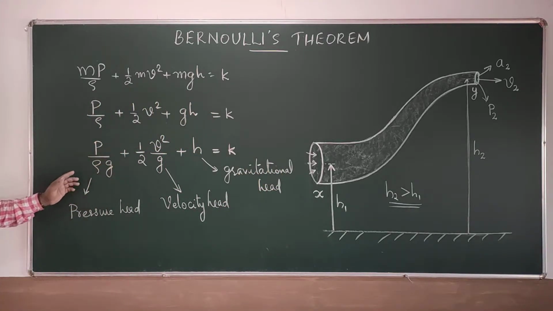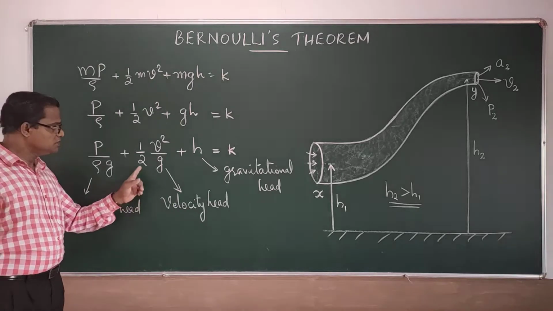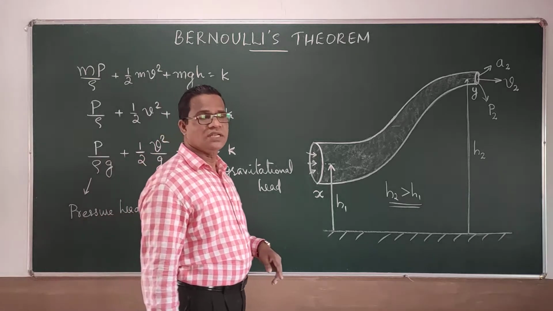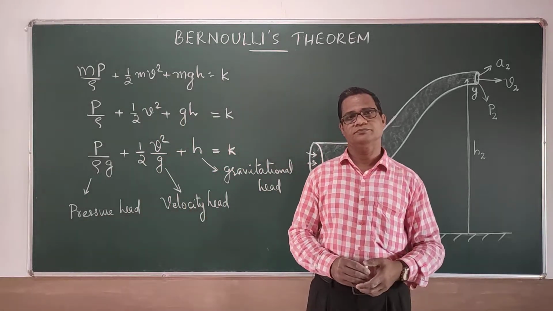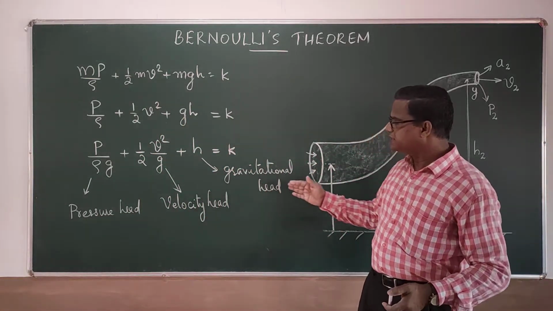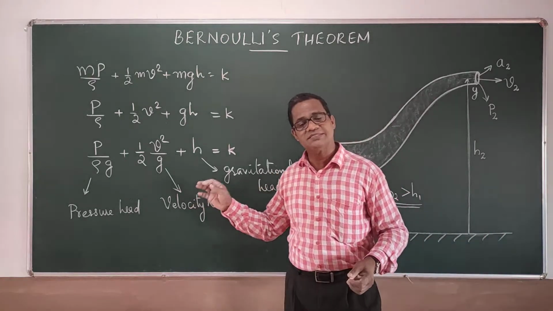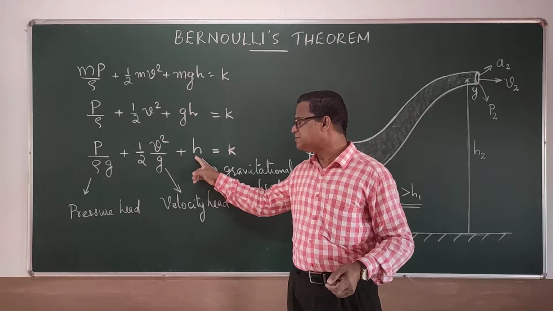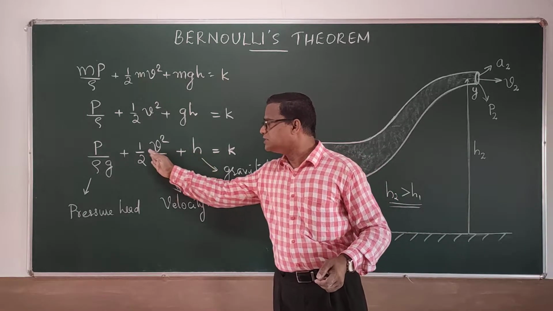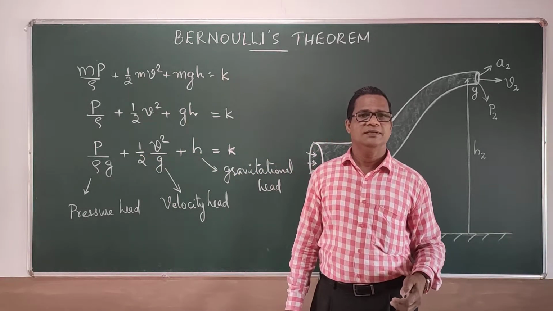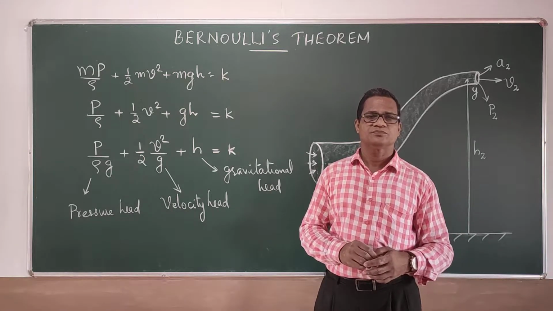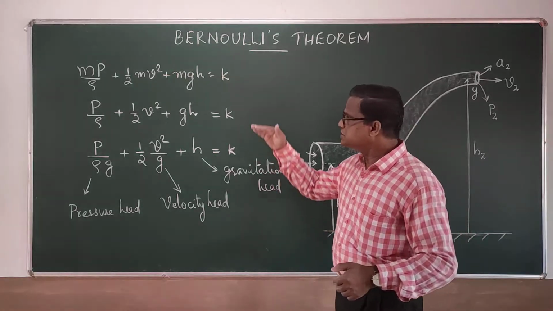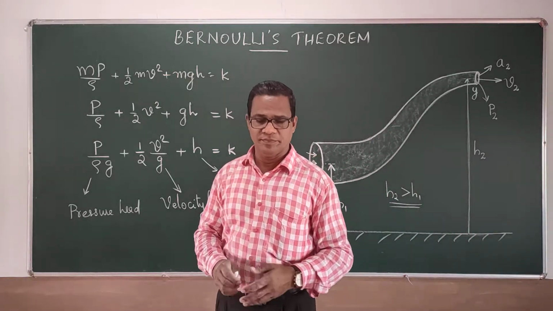P by rho G is called the pressure head of the flow, V square by 2G is called the velocity head, and H is called the gravitational head of flow. All these heads have the same unit, that is meter in the SI system, because H is in meter, so all others have the same unit, the homogeneity condition. This is one part to be remembered.